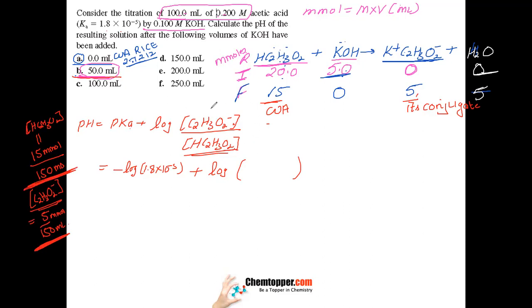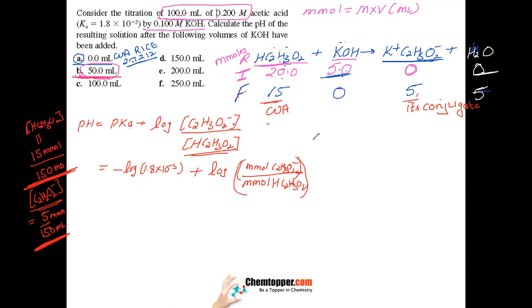Can I change this equation? Can I write it as millimoles of C2H3O2 minus over millimoles of acetic acid, or moles? Right now we are working with millimoles, but maybe in some questions you'll be working with moles. So it's just the ratio of their moles in the solution. Do you agree with that? Is this modification of the equation okay?